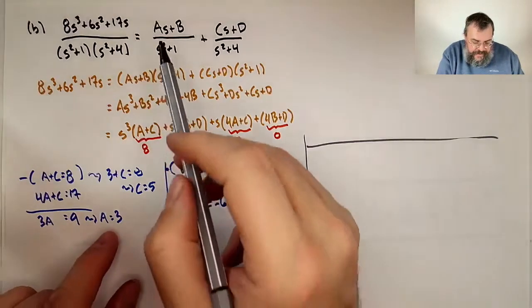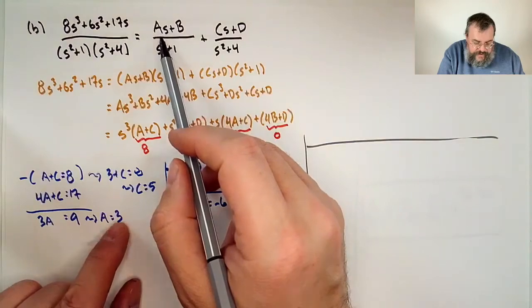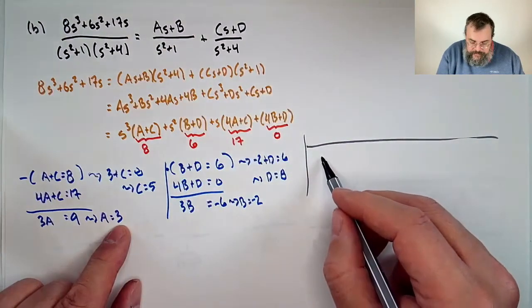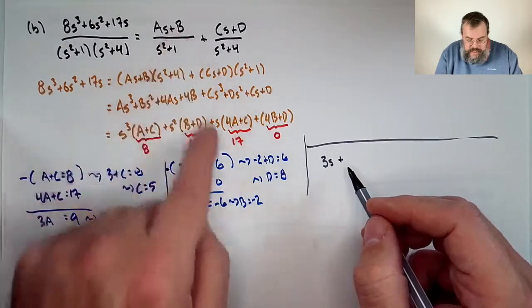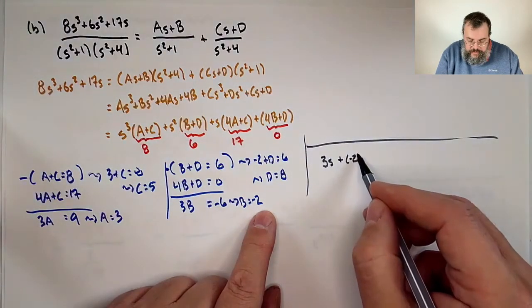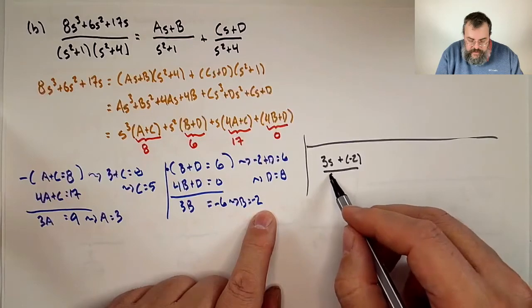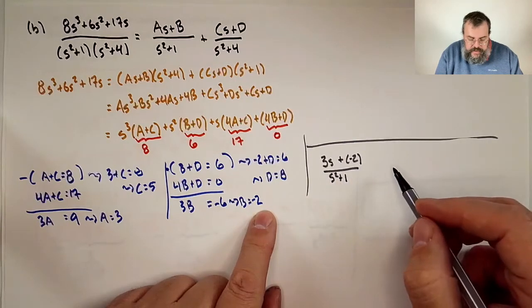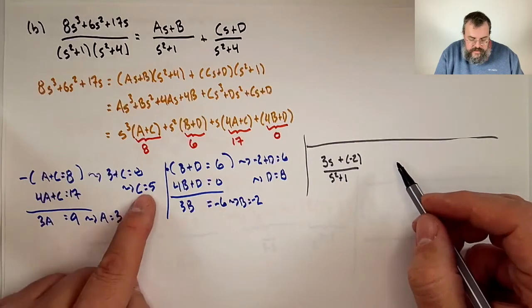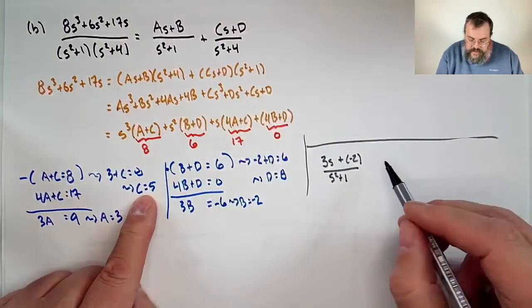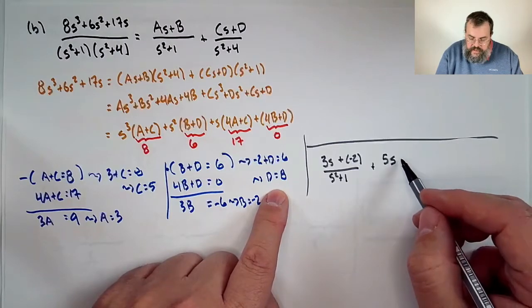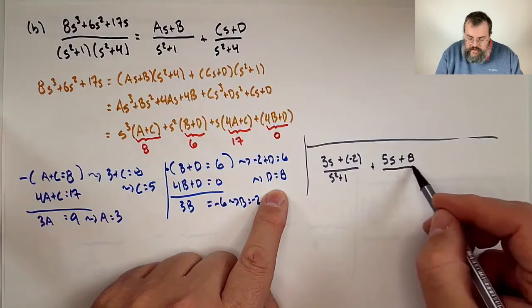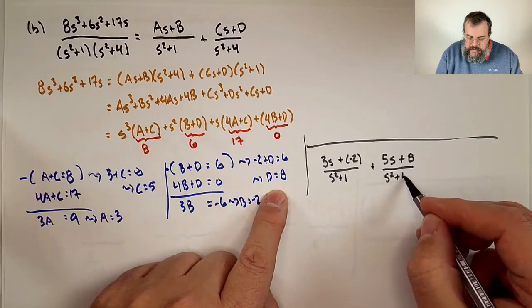So, a goes here, so that's 3 times s plus b, so that's minus 2 over s squared plus 1, and c times s, so c is 5, so 5 times s plus d, which is 8, over s squared plus 4.